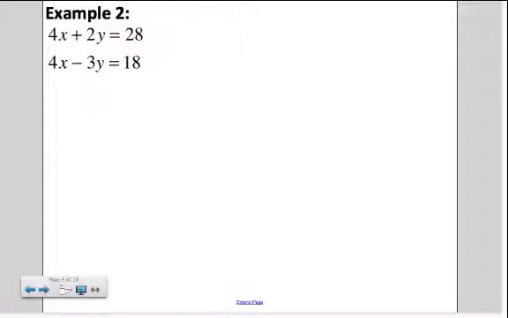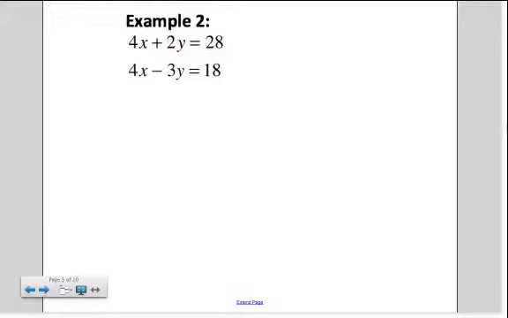For example, here we go. We have these two equations. Notice I have 4's that match, the x's match, these don't. So since I'm going to eliminate the x's, but if I just add 4 plus 4, I get 8. That's not eliminating. Okay, so I need to change all of the signs for one of the equations.